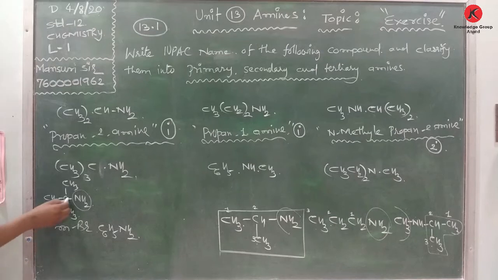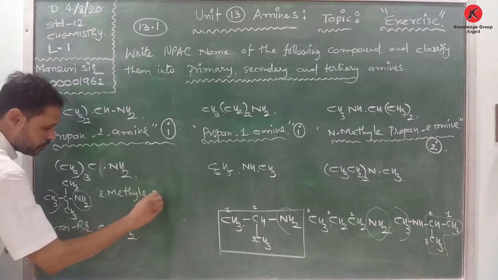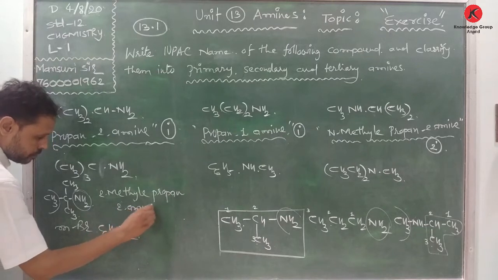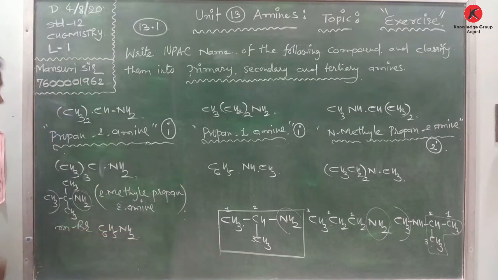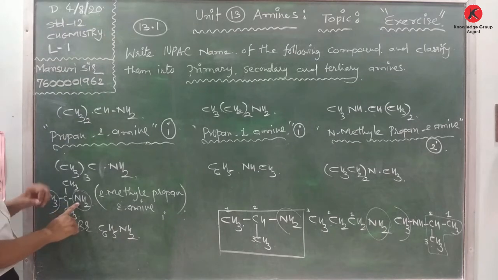Now the carbon contains methyl, the carbon contains NH2, and this is propane. 2-methylpropane-2-amine. This is a primary amine, because the nitrogen of NH2 has two hydrogens.